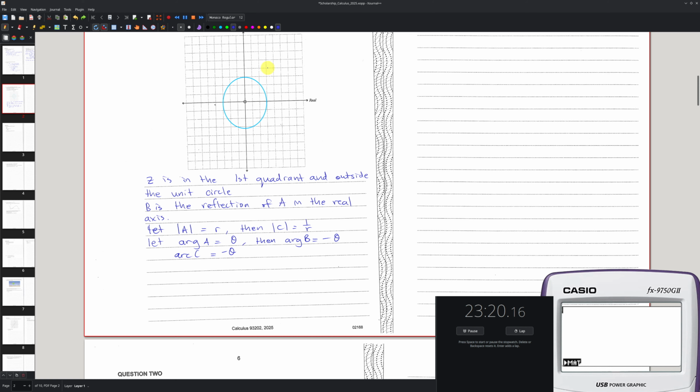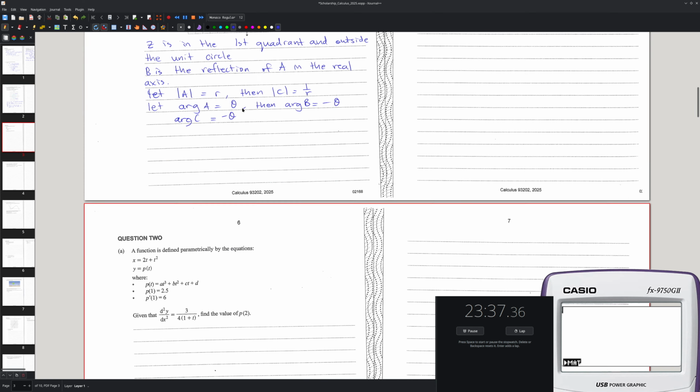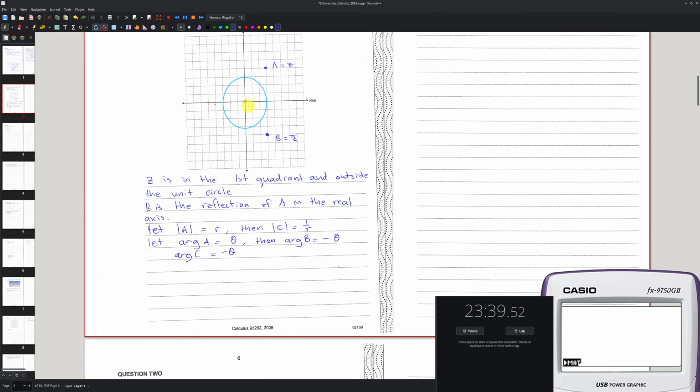So B is down here, B is z conjugate. Then C, because arg C is negative theta, not theta plus pi, is actually on this line. And let's call this O.